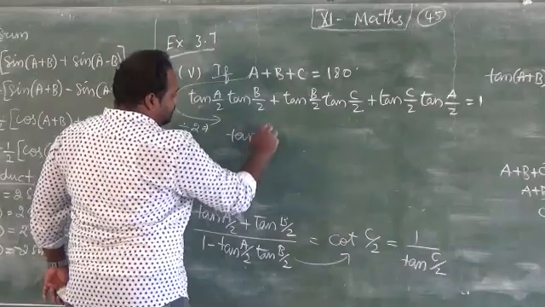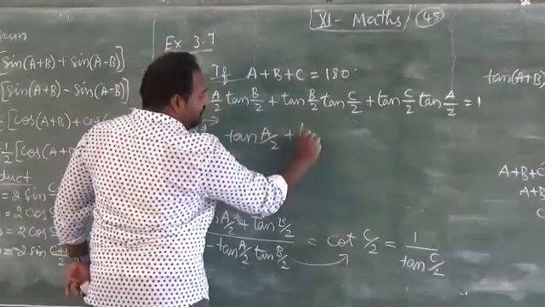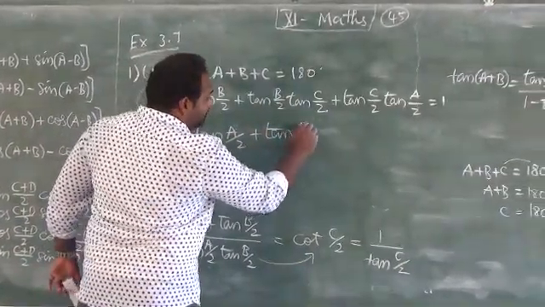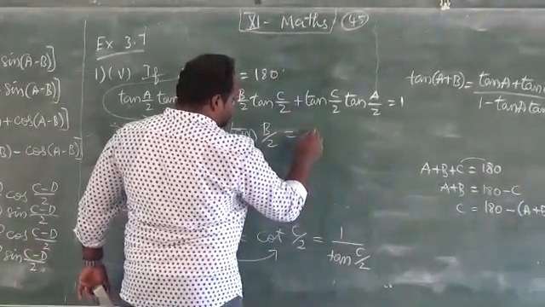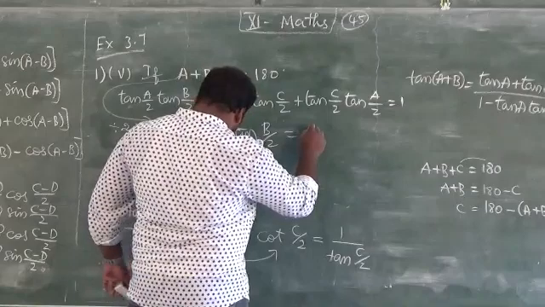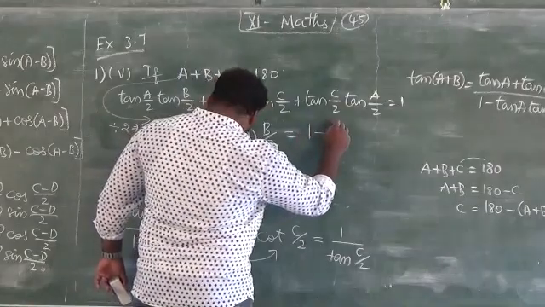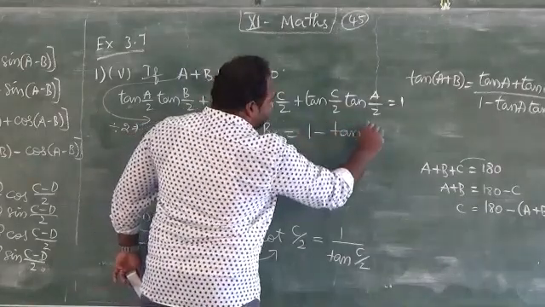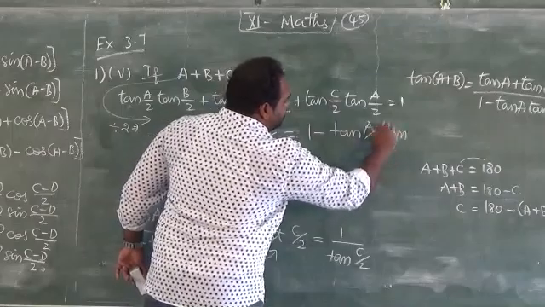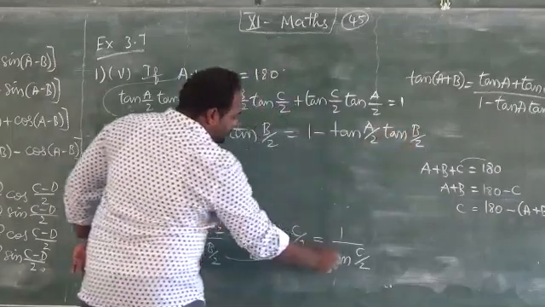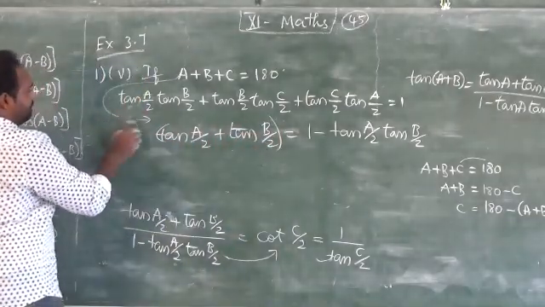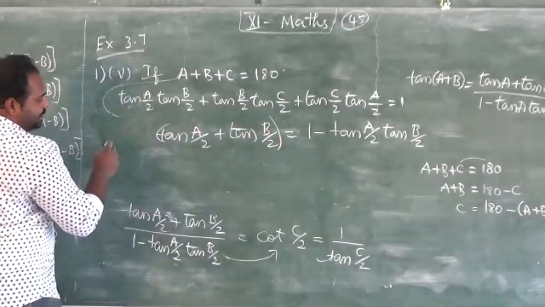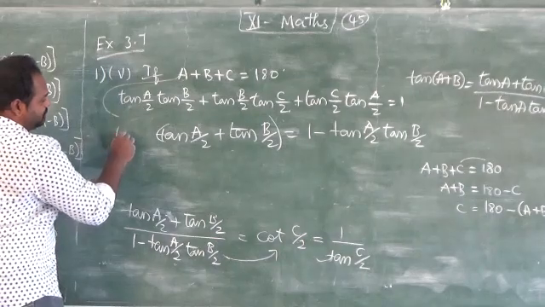So tan A by 2 plus tan B by 2 as it is, and when you bring this denominator to this side, it will be multiplied with tan A by 2 plus tan B by 2, while 1 minus tan A by 2 tan B by 2 goes across with tan C by 2.